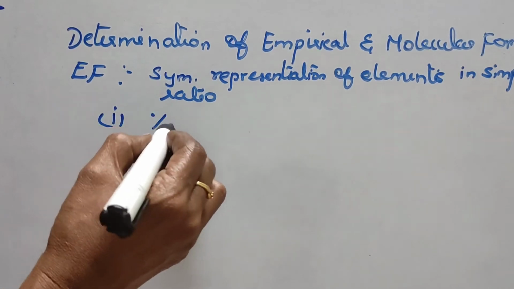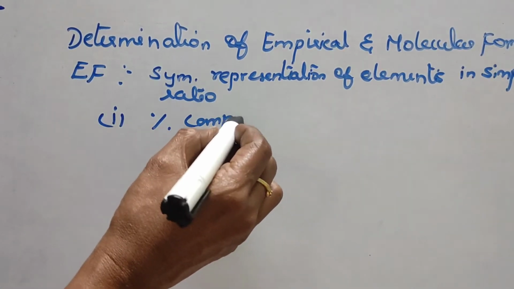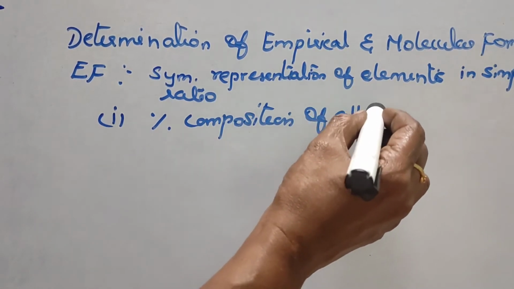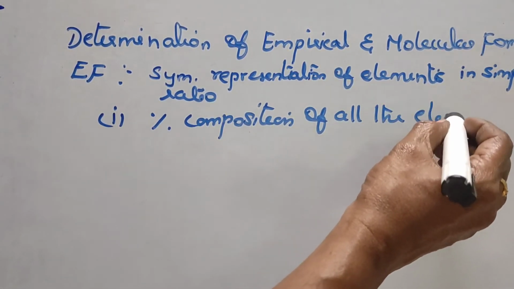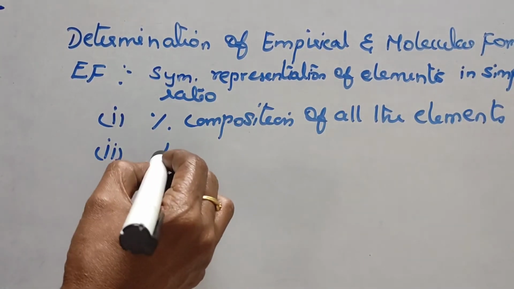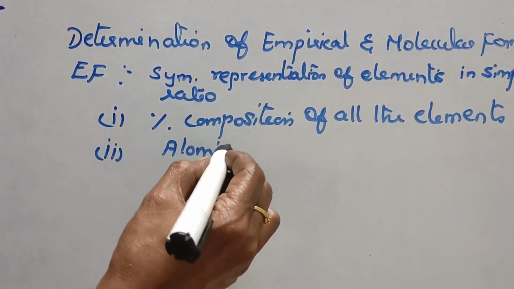First one, percentage composition of all the elements present in the compound. Second, their atomic mass.